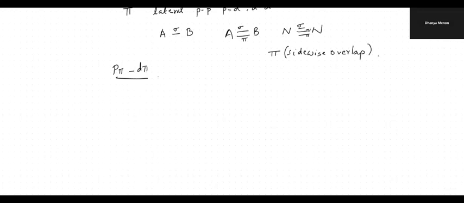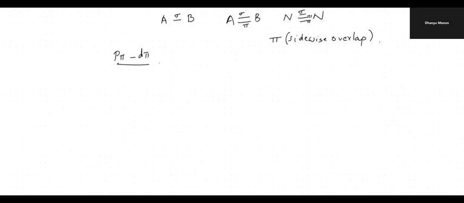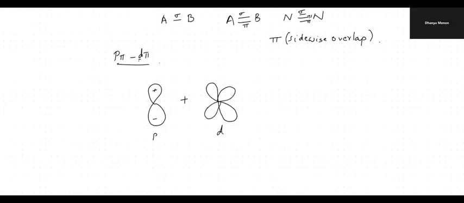So in p-pi d-pi also, because it's a pi bond, there will be sidewise overlap of the p orbital. These are the two lobes of the p orbital, plus and minus, and the next orbital mentioned is d. For d, we have the four lobes of the d orbital.